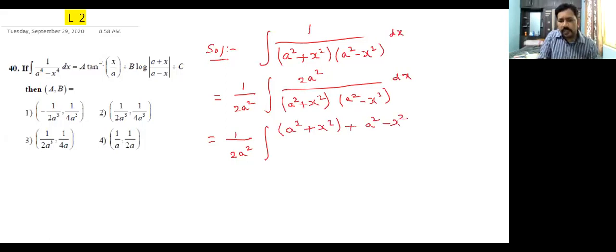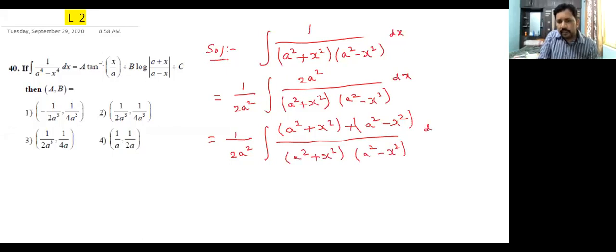Now see the calculation here: plus x square minus x square is going to cancel, so you will get 2a square. Right? Now the denominator is a square plus x square into a square minus x square.